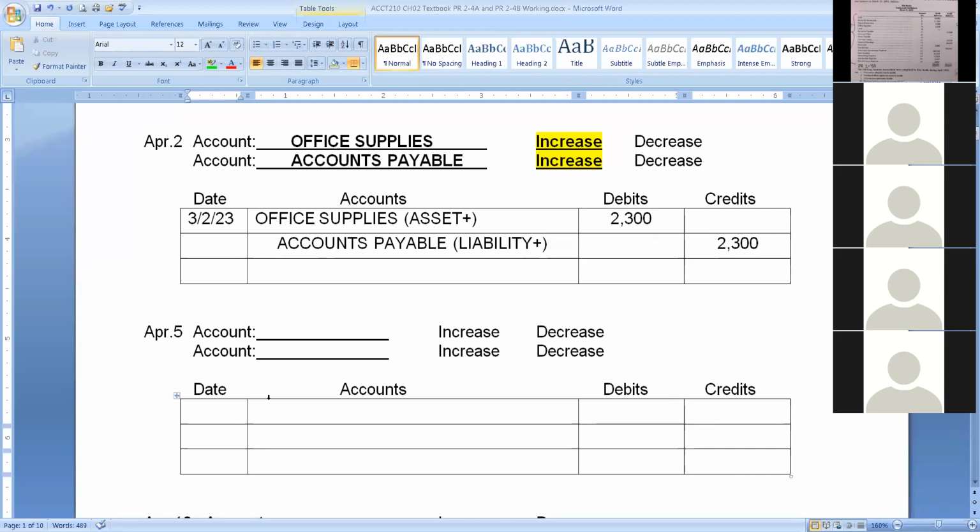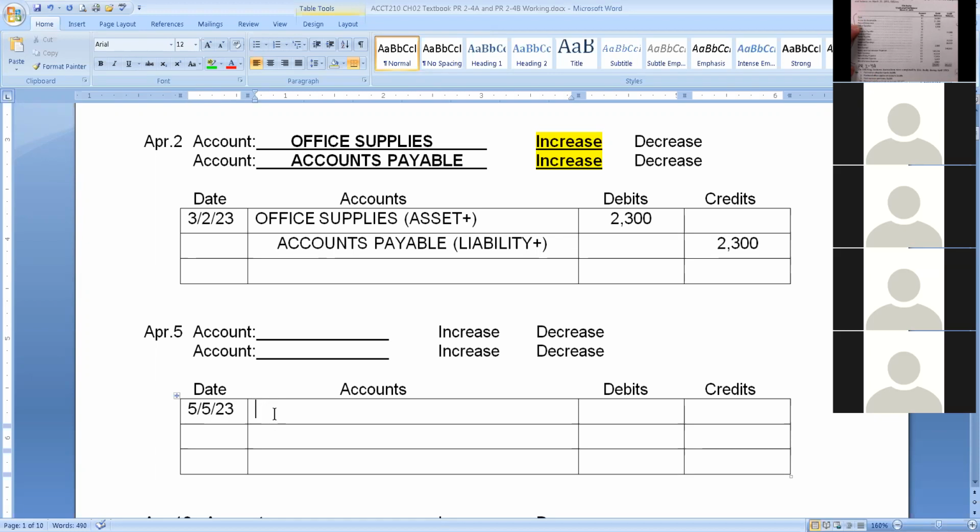This is a tricky one. So looking through here, the only one that looks like it might be the one is prepaid insurance.